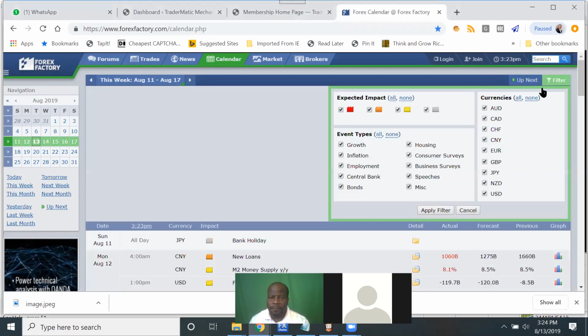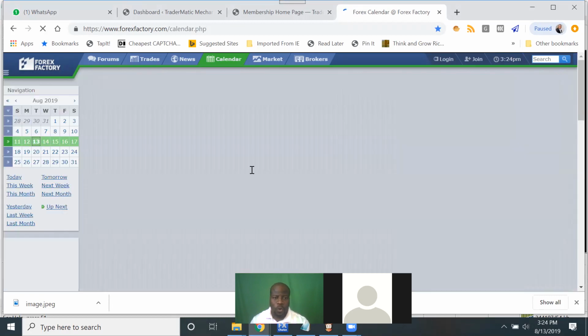So this filter, because as I said, I do a lot of things, so I don't have time to be babysitting my laptop. So I uncheck these 3, and I leave the red. I leave the red, and that is what I deal with personally. So I apply the filter. So it's like this.